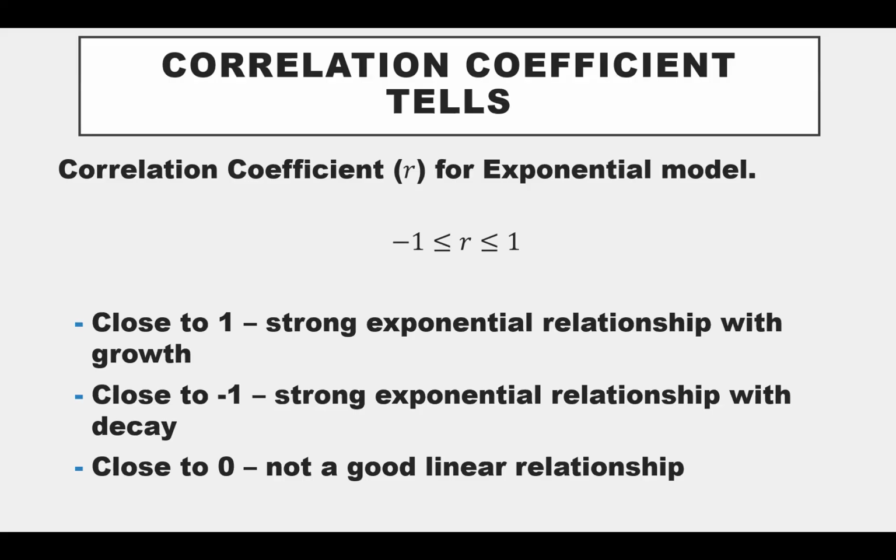If R is closer to -1, it's still a strong exponential relationship, but now with decay rather than growth. And obviously, if it's close to 0, we do not have a good linear relationship. I misspeak here. It should say exponential relationship. Let me fix that. So close to 0, we do not have a good exponential relationship if we're using an exponential model.